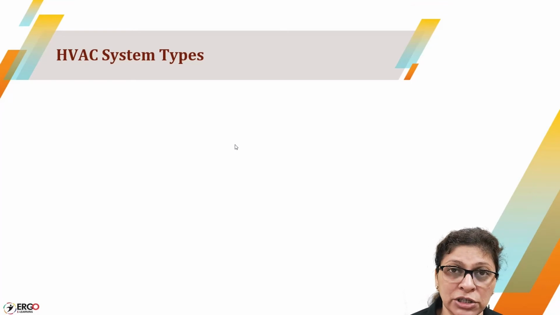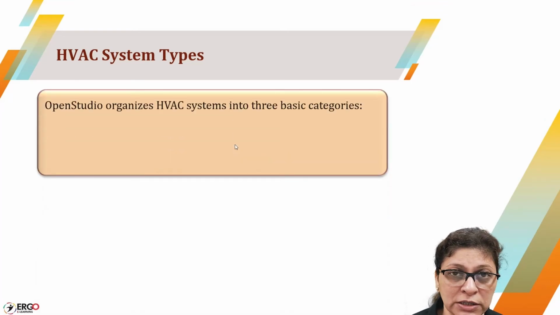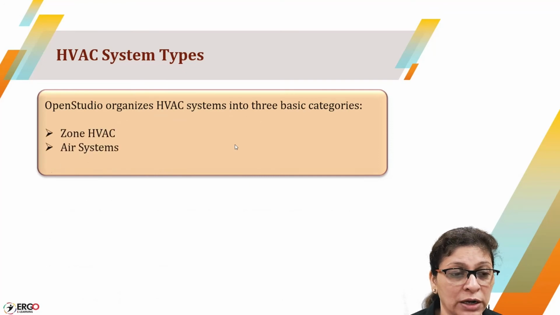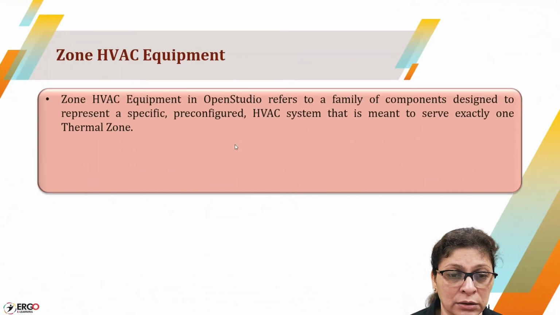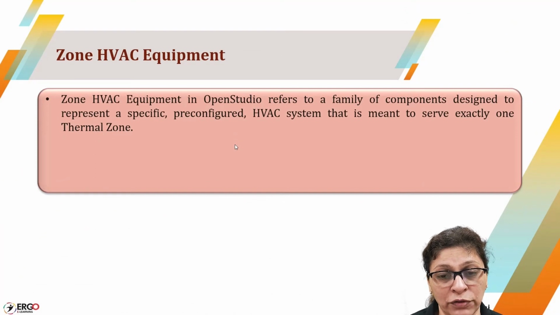Then there is a discussion about different types of HVAC system as per OpenStudio. They are zone HVAC, air system, and plant system. Zone HVAC systems are basically a family of components which represents a specific pre-defined HVAC system.